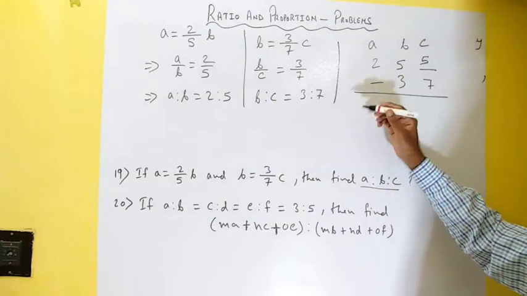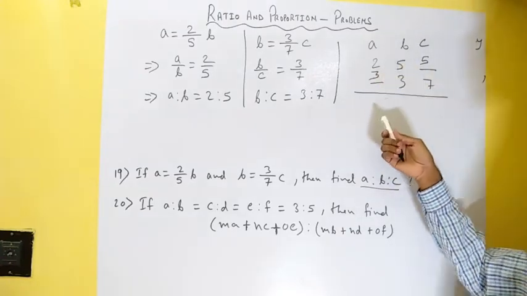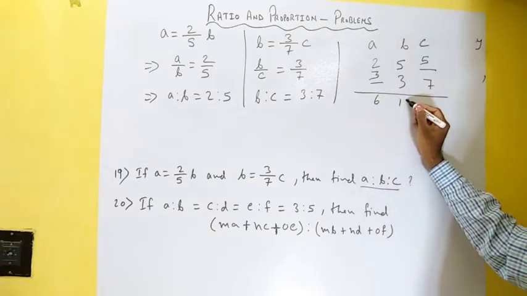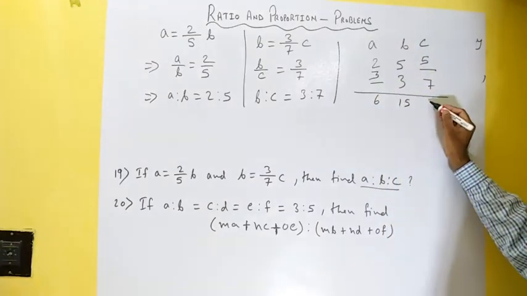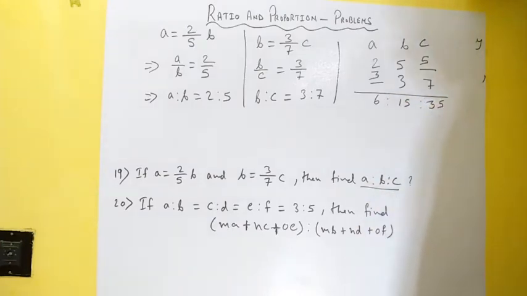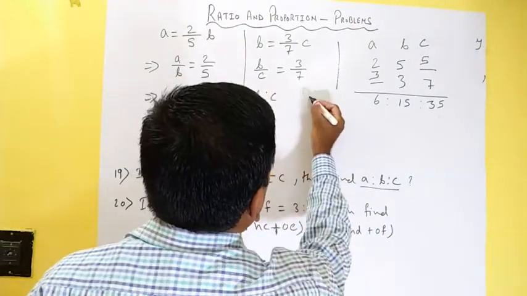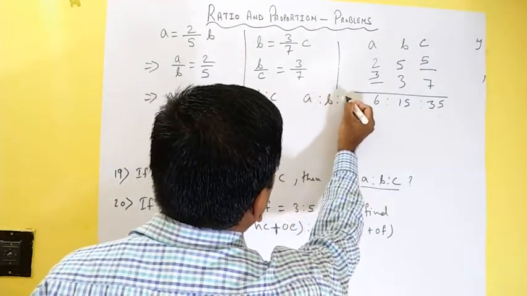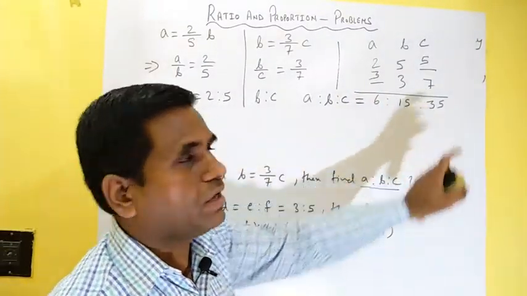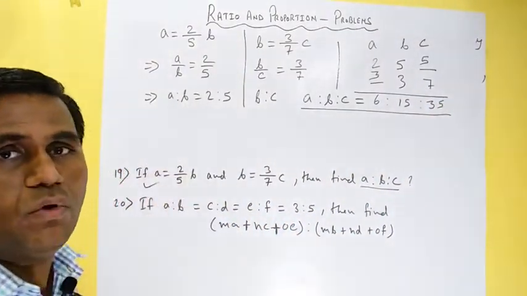This blank is next to number 3, so we will write here 3. Now multiply each column. So this will give 6. 5 3s are 15. 5 7s are 35. So we'll put the ratios over here, and here we can write A is to B is to C is equal to 6 is to 15 is to 35. So we have solved this 19th problem also.